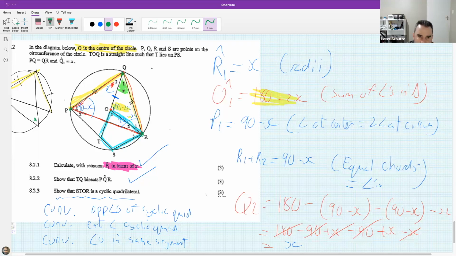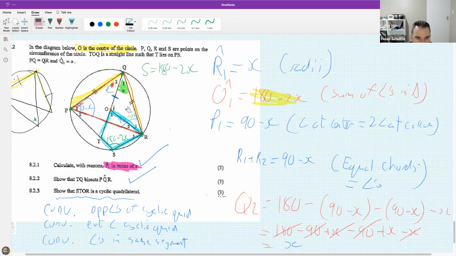So we can say that angle S is 180 minus 2x. So this angle here is 180 minus 2x. Now, once you know that, you notice that this one over here, the exterior angle, is also 180 minus 2x.